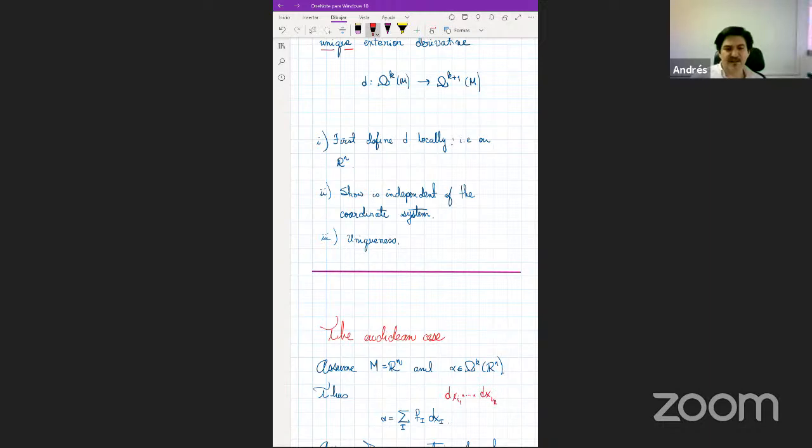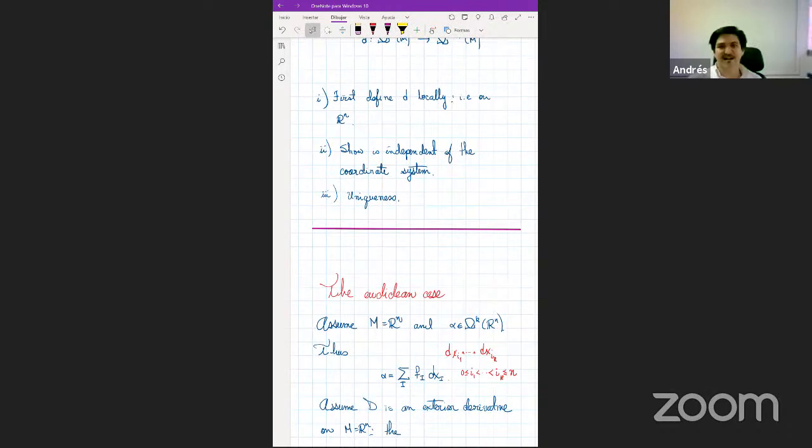It is a multi-index I, that means this. And we always assume that they are in increasing order. There is no repetition because otherwise it would be 0. dx wedge dx equals 0. So that's why we put strictly smaller. Right? So that's how a k-form looks on Euclidean space, in the standard coordinate system.